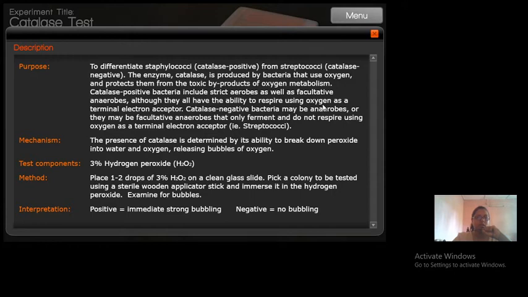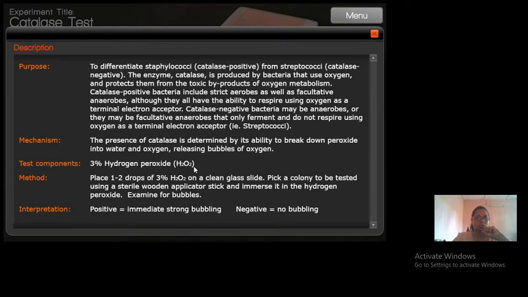So, the catalase test. Catalase is an enzyme which is produced by some bacteria. Those bacteria which produce the catalase enzyme will break down the catalase reagent. This is the catalase reagent, which is nothing but 3% hydrogen peroxide.